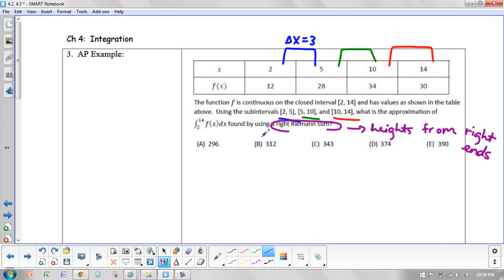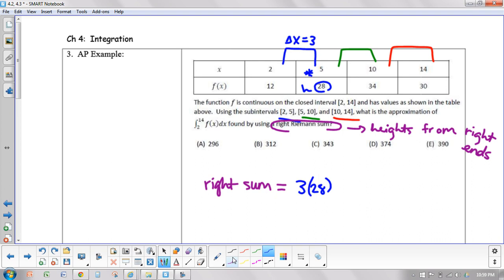You went up by 3 units. Which side would be the right end of that interval? So left would be 2, right would be 5. So this would be your height. So if we're going to add up our right-hand sum, the width for that first one would be 3, and the height for that first one would be 28.